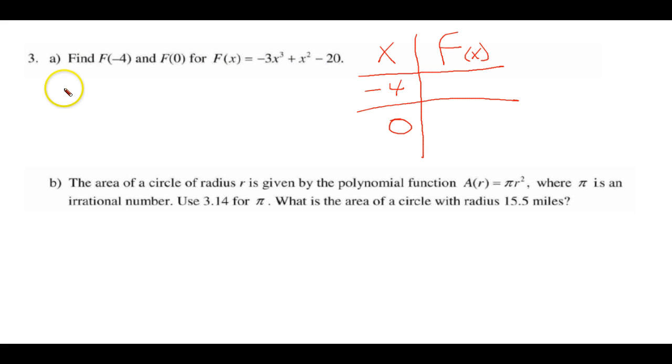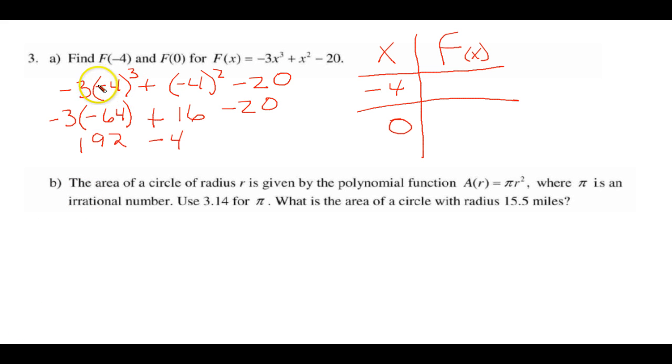So we substitute negative 3 and then negative 4 in parentheses that we will cube, plus a negative 4 squared minus 20. All right, let me get my calculator out and do some.